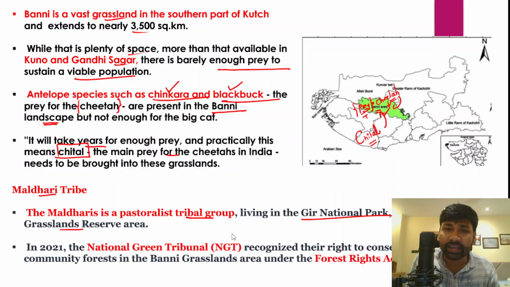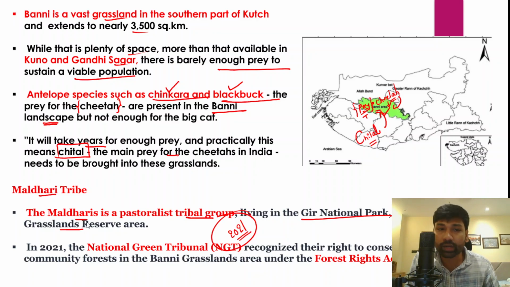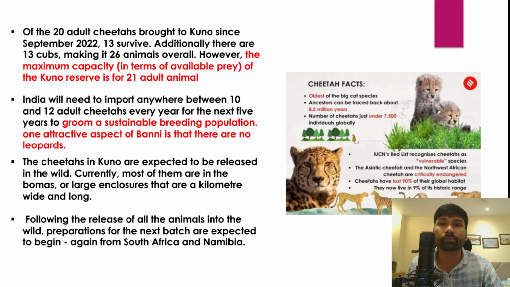In fact, in 2021, the National Green Tribunal recognized the right of the Maldhari pastoralist tribal group to conserve the community forests in these Banni grasslands under the Forest Rights Act of 2006. These are two significant things you need to remember with respect to Banni grassland and the Maldhari tribal community.